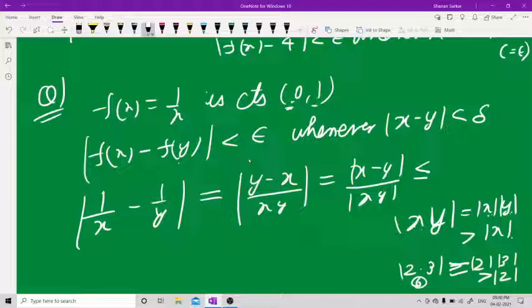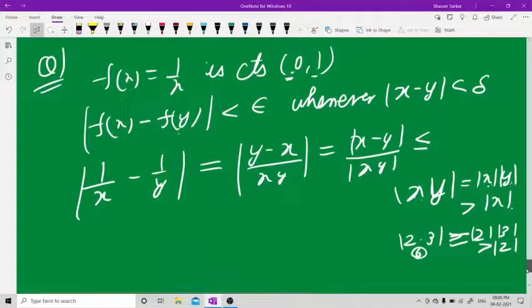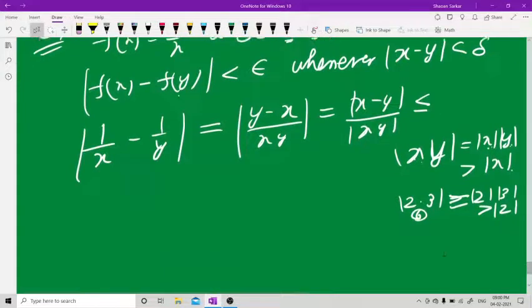This is the idea I'm using. I can write this way, no problem. Now see what I'm doing. Now I'm taking it a little down. So I can say mod 6 is greater than mod 2.